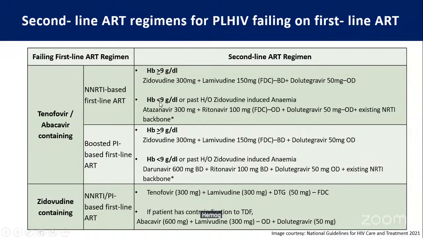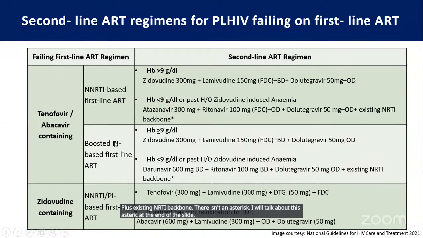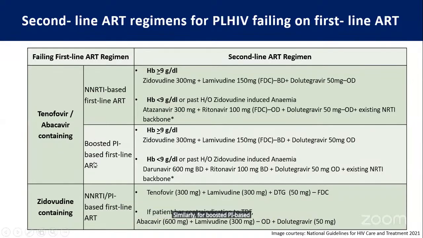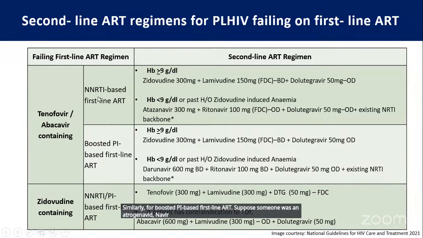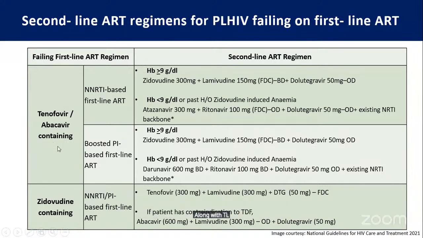If hemoglobin is less than 9, similar to the previous slide where you can't use zidovudine, you use atazanavir ritonavir as well as dolutegravir OD. So one FDC tablet of atazanavir ritonavir 300, dolutegravir 50 mg OD plus the existing NRTI backbone. There is an asterisk. I will talk about this asterisk at the end of the slide. Similarly, for boosted PI-based first-line ART, suppose someone was on atazanavir ritonavir or lopinavir ritonavir along with TL or AL.